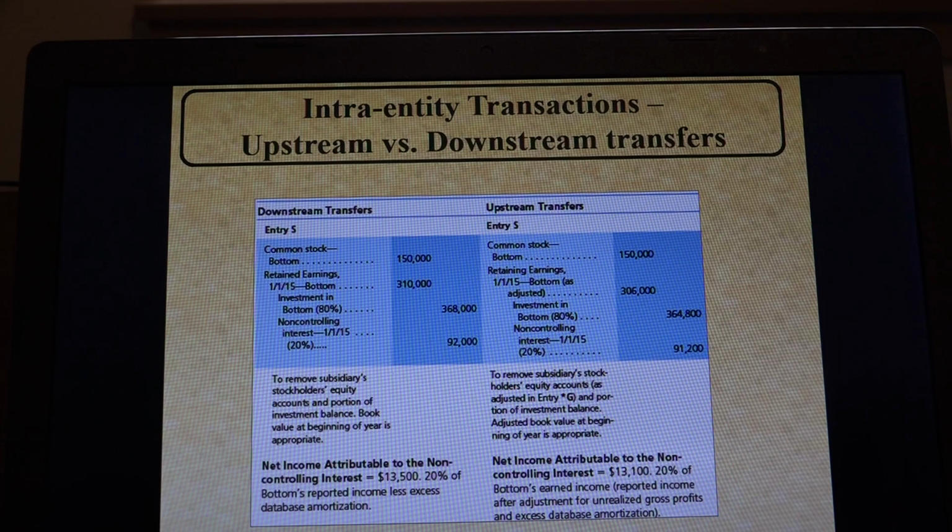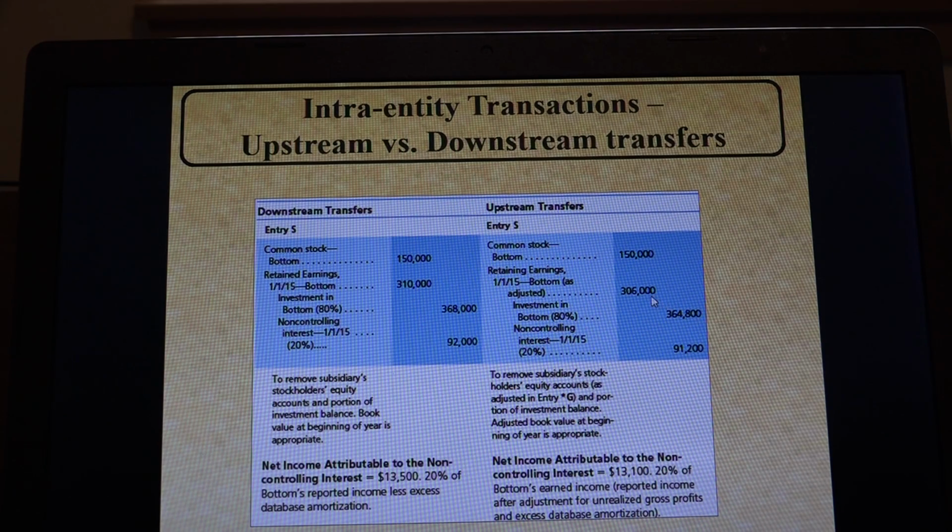So note how the investment numbers in entry S change with the upstream sale, because you've reduced retained earnings of the sub. In the downstream sale, you didn't have to adjust the retained earnings of the sub.